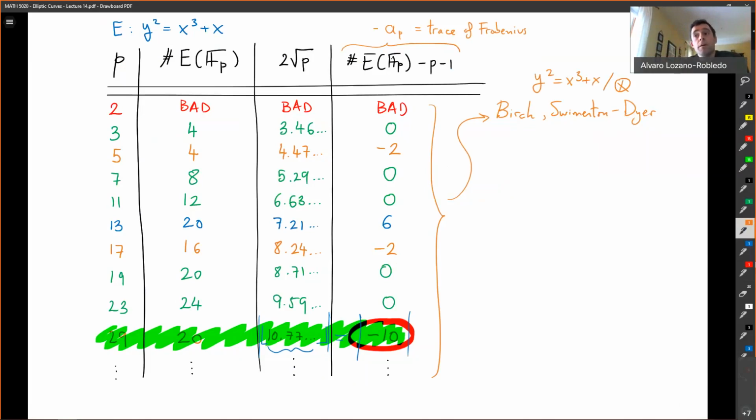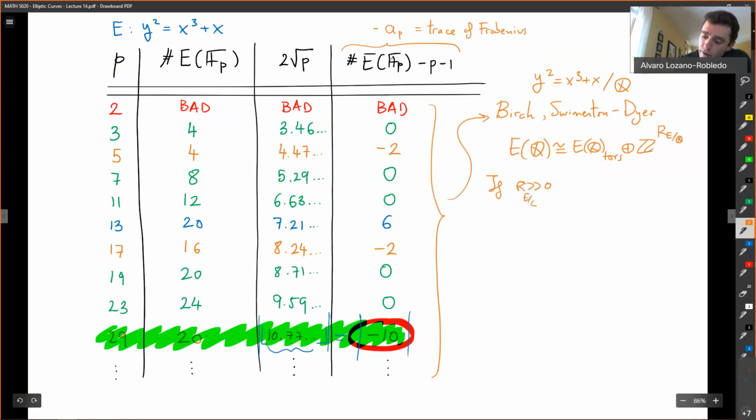Then their thought was that if the rank is high, remember that we are going to prove the Mordell theorem that says that this is torsion plus some copies of Z, so if the rank is large, then there should be a lot of points that, as long as the denominator is not divisible by P, those rational points I should be able to reduce modulo P and get a lot of points mod P. So if the rank is high, does that imply that the number of points is large?